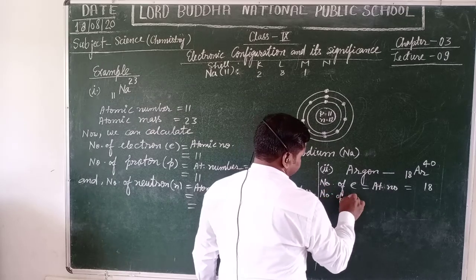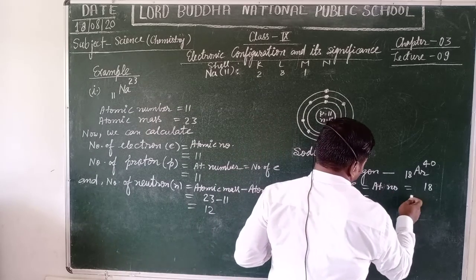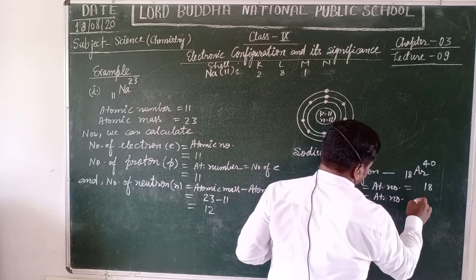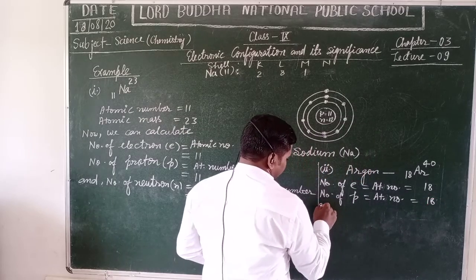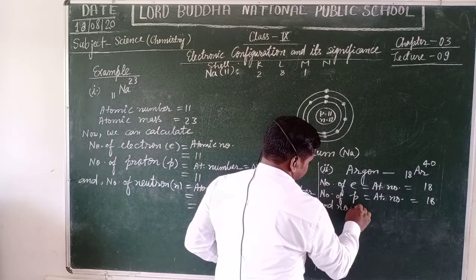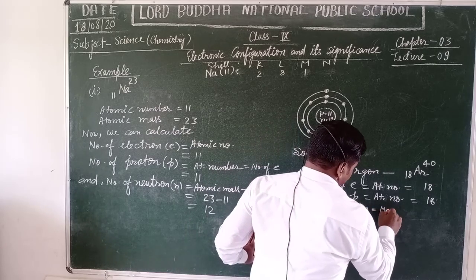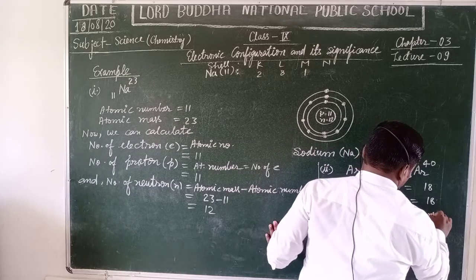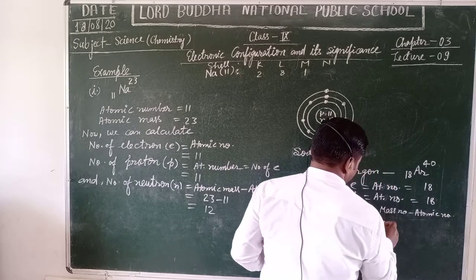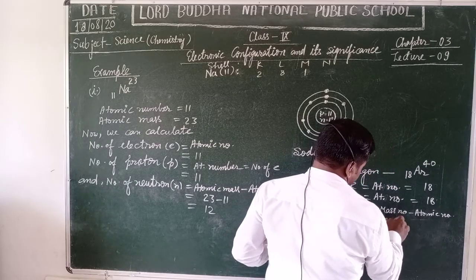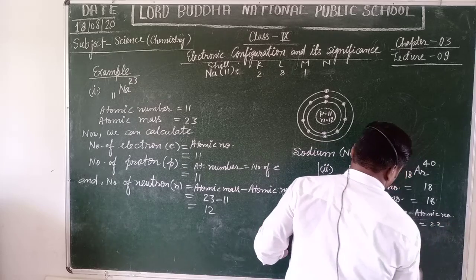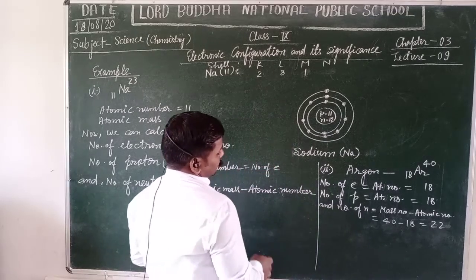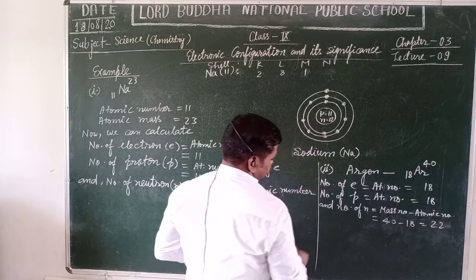Number of protons is also equal to the atomic number, 18, and number of neutrons is equal to mass number minus atomic number. Then 40 minus 18 is equal to 22. 22 neutrons are present in the nucleus of an argon atom.